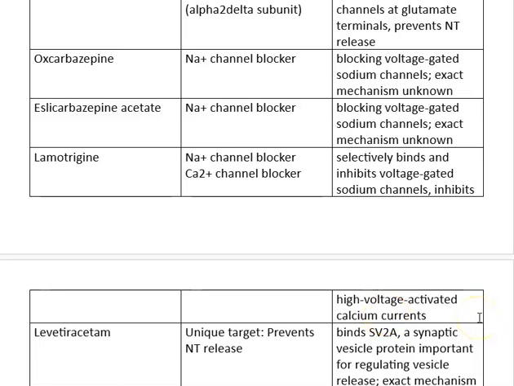That specificity actually makes it a better drug because it's not inhibiting everywhere. There are specific high voltage activated calcium currents, often in the hippocampus, which is sometimes where seizures begin, that lamotrigine can inhibit.